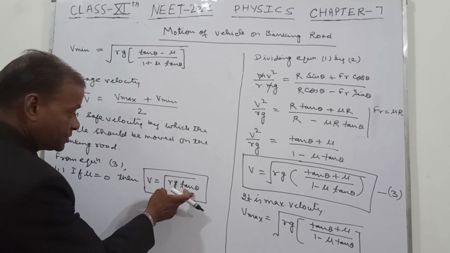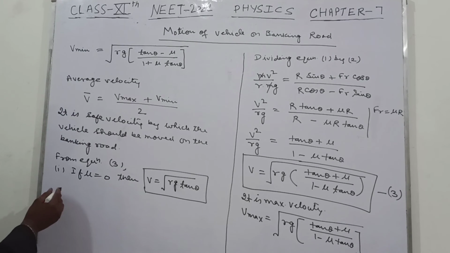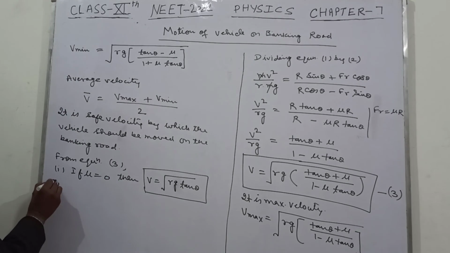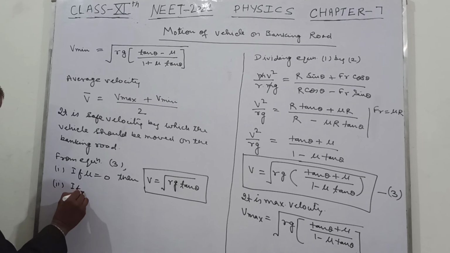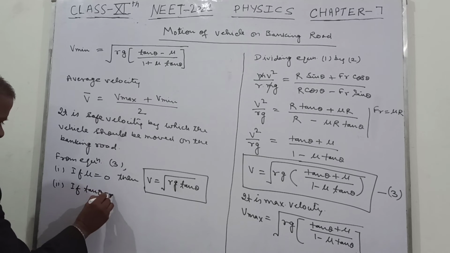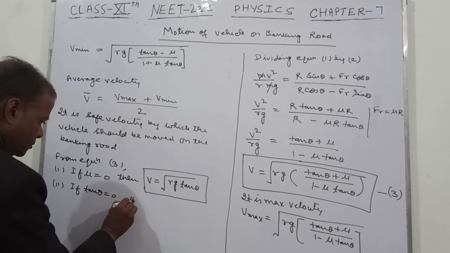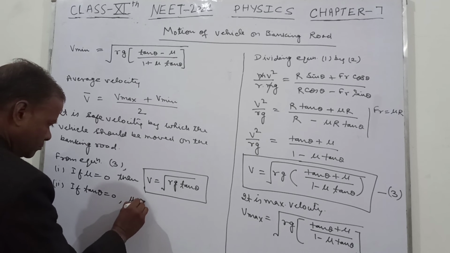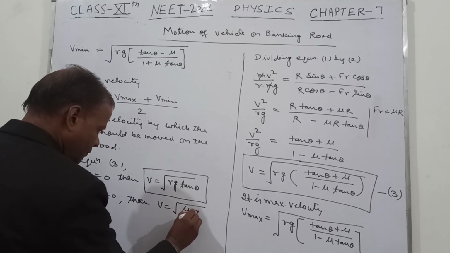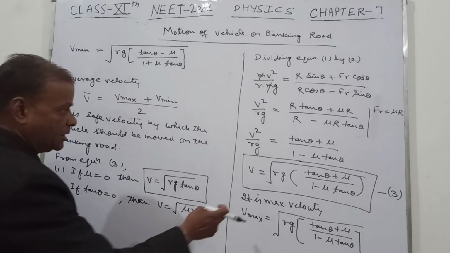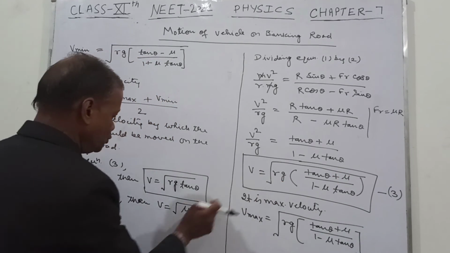For the plane road, this tan theta is equal to 1. And second, if tan theta is equal to 0 degree, is equal to 0, then v equals square root of mu r. So tan theta equal to 0 means this will be 0, this will be 0, so only mu r is left here.